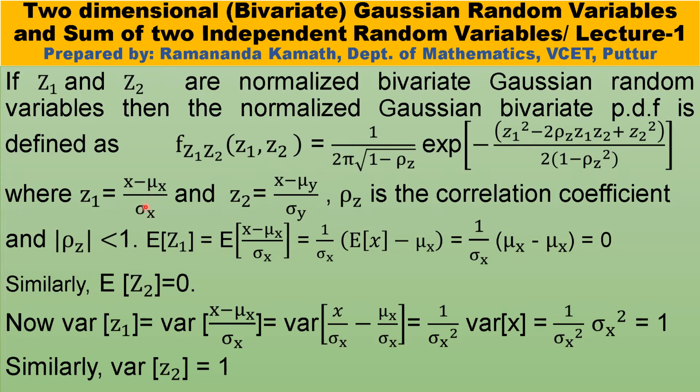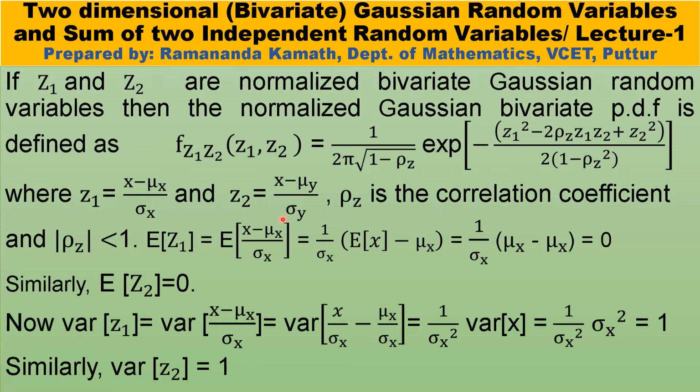X is the normal variable, Z1 is the normalized Gaussian random variable, and Z2 is equal to (y minus mu_y) divided by sigma_y, where mu_y and sigma_y are the mean and standard deviation of the normal variable y.